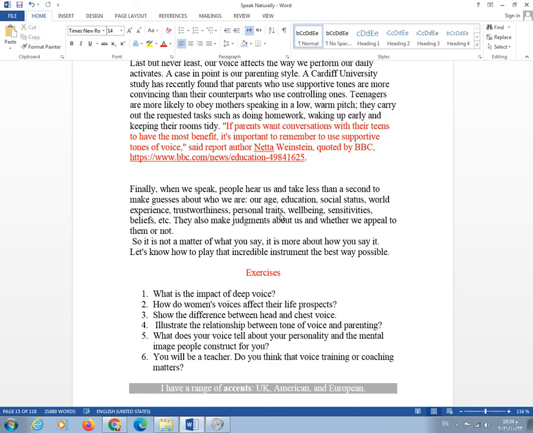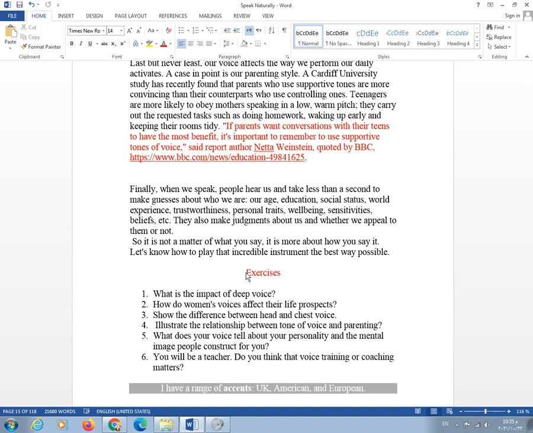They construct a mental image of us. They also make judgments about whether we appeal to them or not. So it's very important to know how to speak and how to play that incredible instrument, which is our voice, the best way possible.